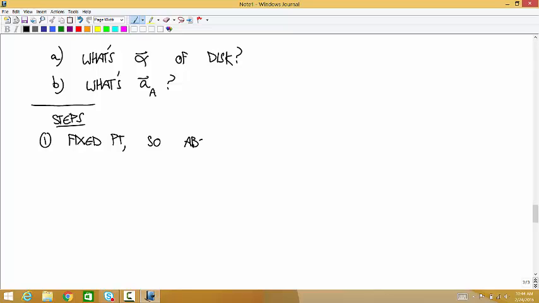So the about point is equal to that point P. The moment of inertia about P is 1/2 mr squared, plus you have to use the parallel axis theorem. You almost always have to do that if there's a fixed point, unless the fixed point is at the thing's center of mass.